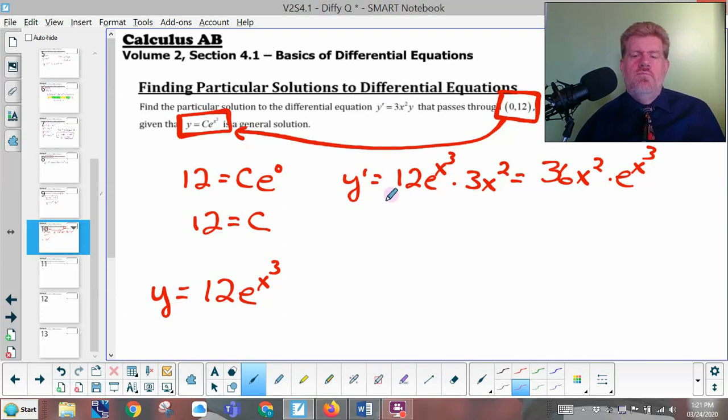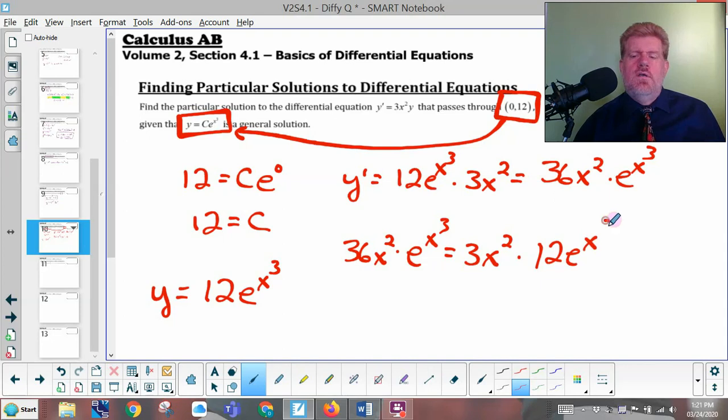So y prime, which is 36x squared times e to the x cubed, equals 3x squared times y. And y is 12e to the x cubed. Well, take a look at it. What do you think?